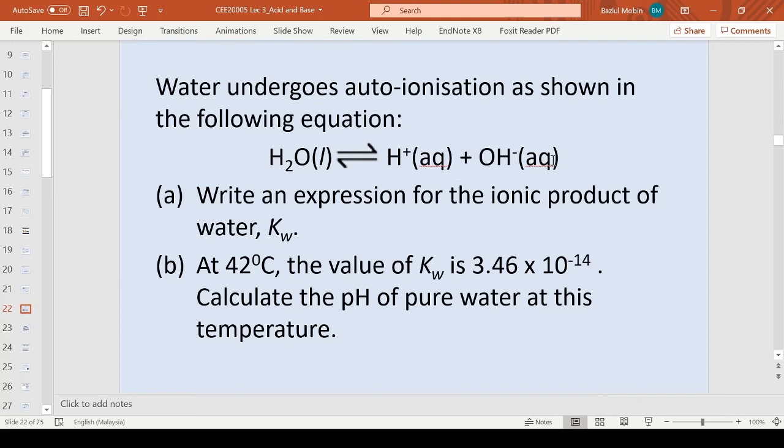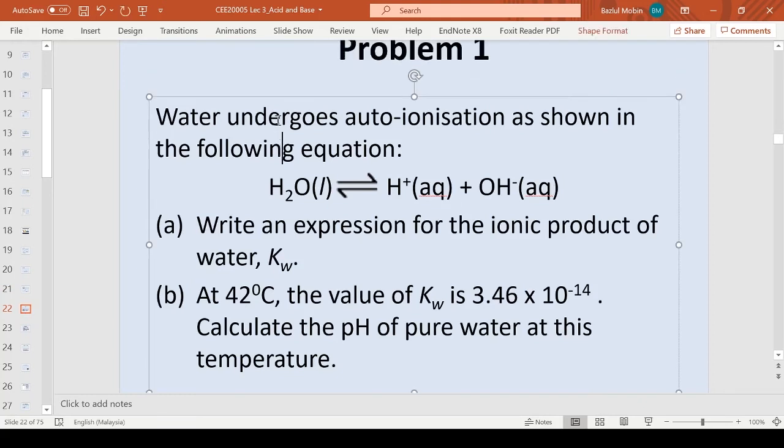Another example or problem: water undergoes autoionization as shown. We have seen it a long time ago. Write the expression for the ionic product of water, Kw.